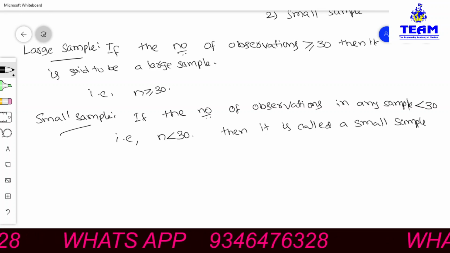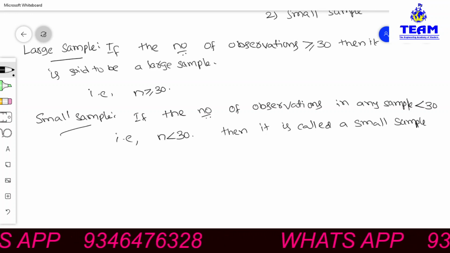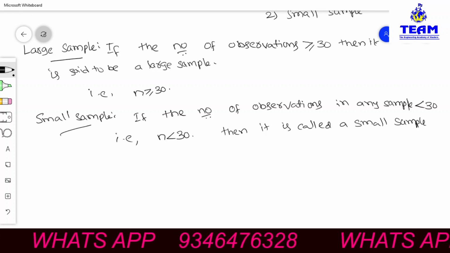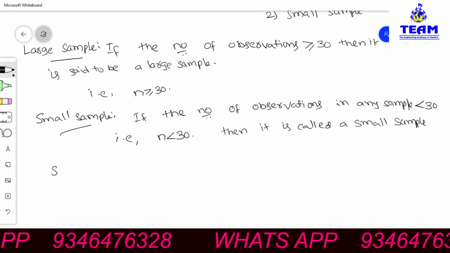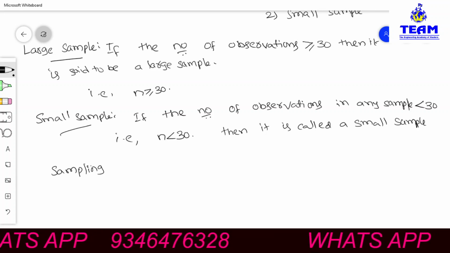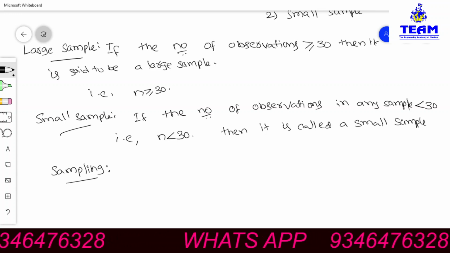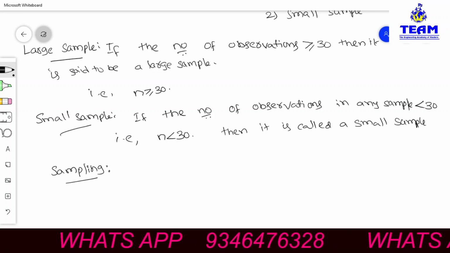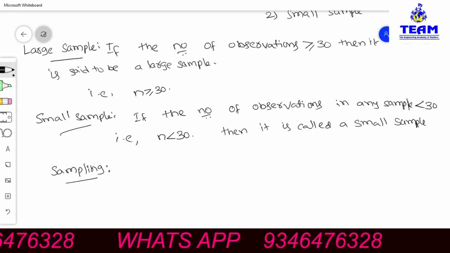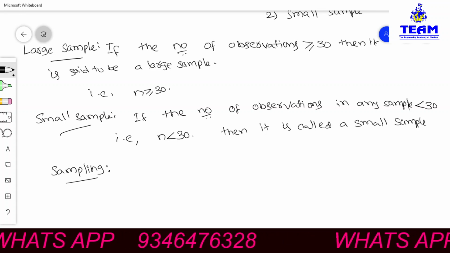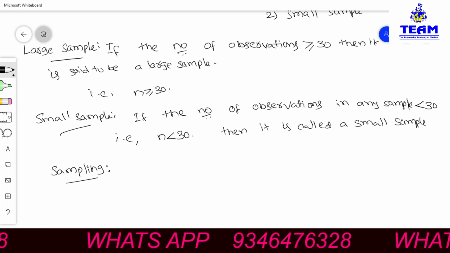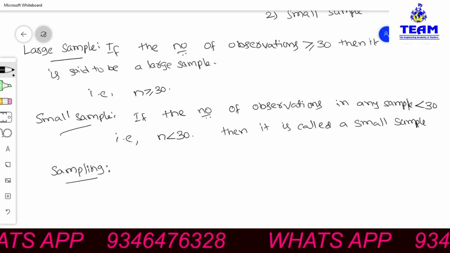Friends, last but not least, I would like to explain about sampling. What is sampling? Sampling is a process. Which type of process? The process of selecting a sample from any given population.